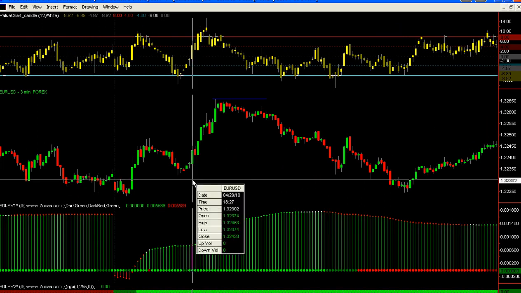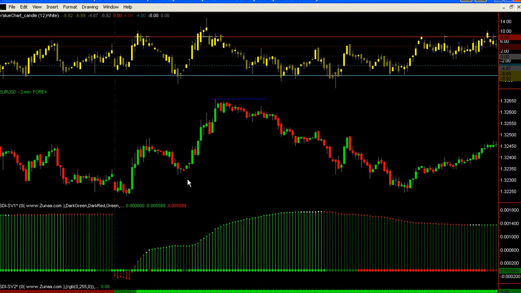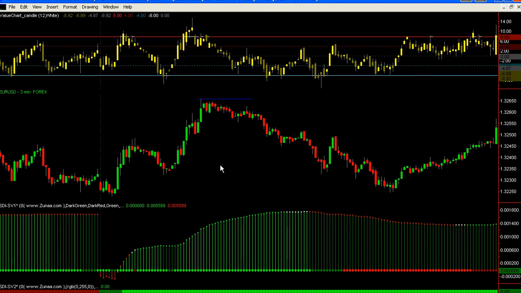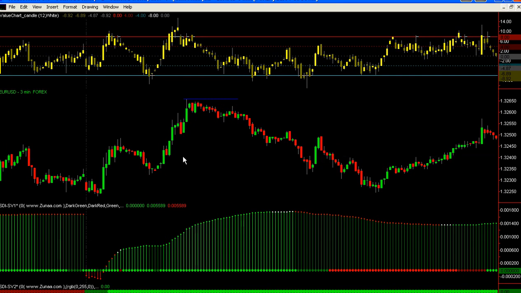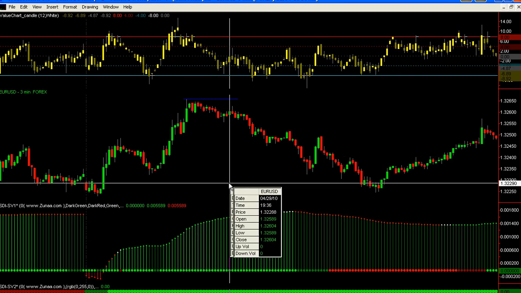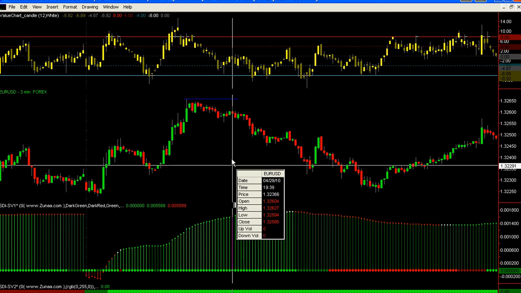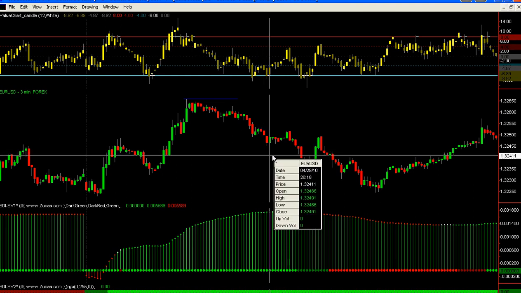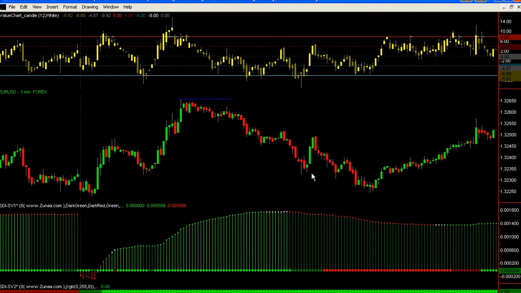So for me, this bar right here would have confirmed the trade, so that would have been an entry. And then as the trend is up, I wouldn't have gotten anything on this one, and I would have entered here. Pretty much nothing on that. No confirmation. This one didn't go far either.